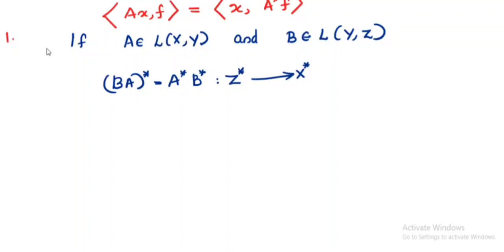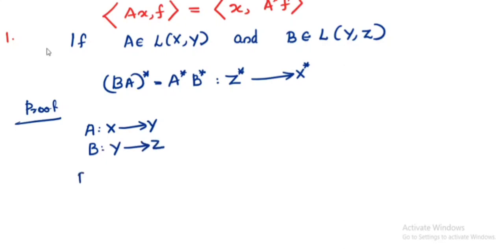So A is a bounded linear operator from X to Y and B is a bounded linear map from Y to Z, then (BA) star is a dual operator from Z star to X star. So what is A? A is a function from X to Y. B is a function from Y to Z.